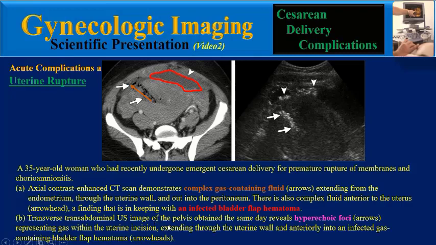Ultrasound image of the pelvis obtained the same day reveals hyperechoic foci representing gas within the uterine incision extending through the uterine wall and anteriorly into an infected gas-containing bladder flap hematoma. These findings are suggestive of endometritis proceeding to uterine rupture.